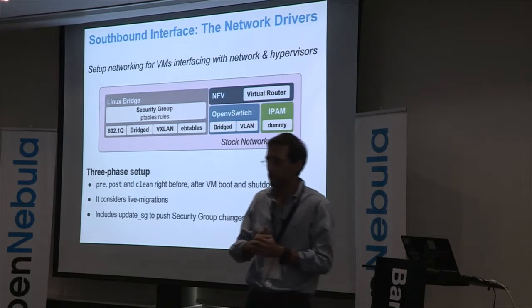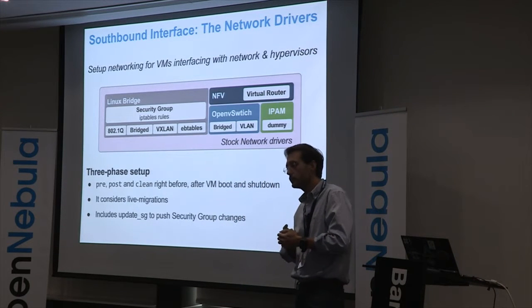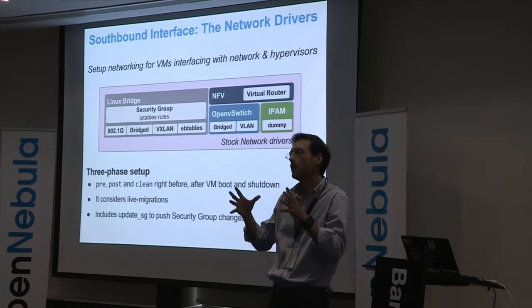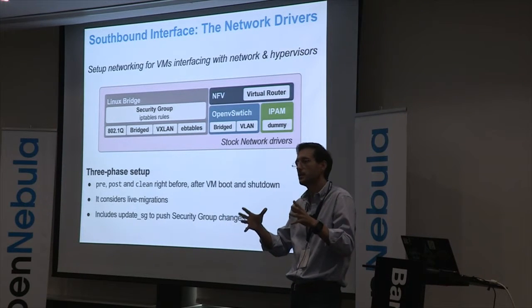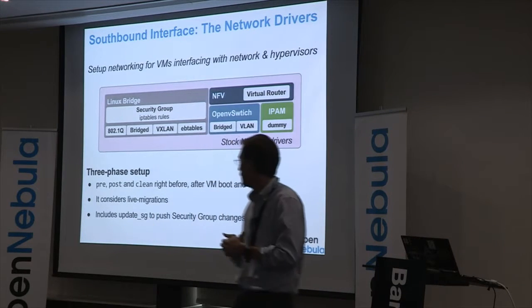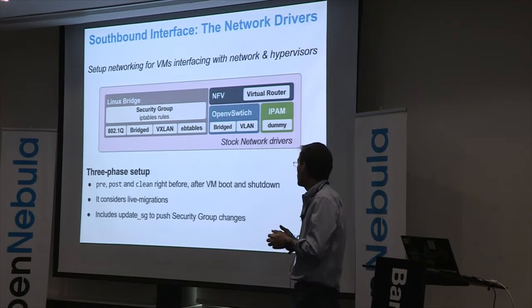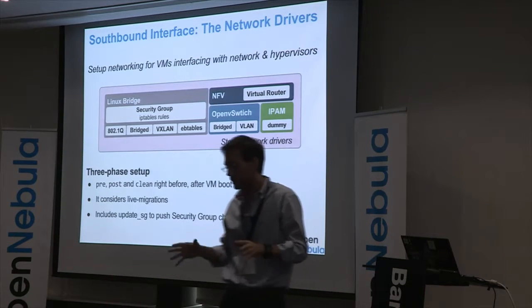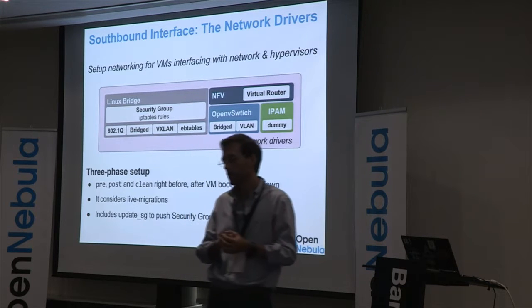In previous versions of OpenVSwitch, you can use OpenVSwitch in a compatibility mode, so it's basically a bridge that can be interfaced by the kernel like a Linux bridge. You can still do that in OpenNebula. We have the drivers, but the preferred way is not doing it that way.